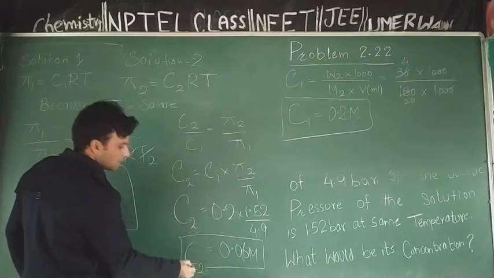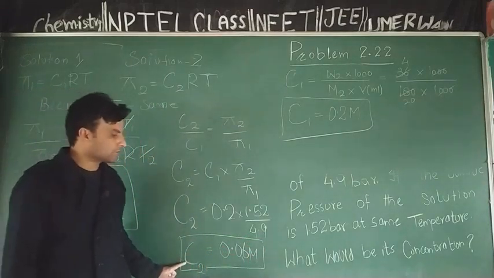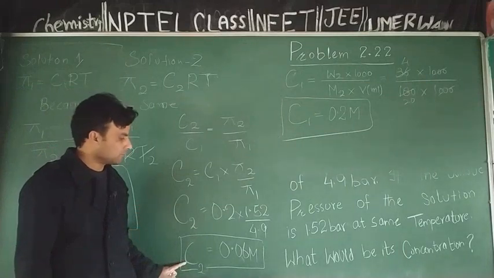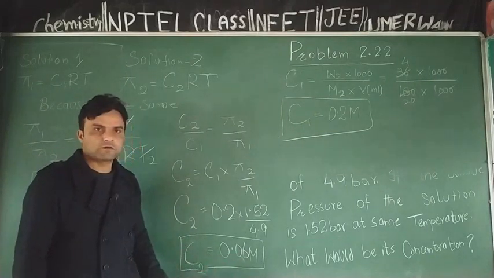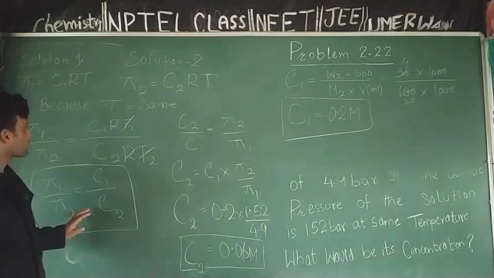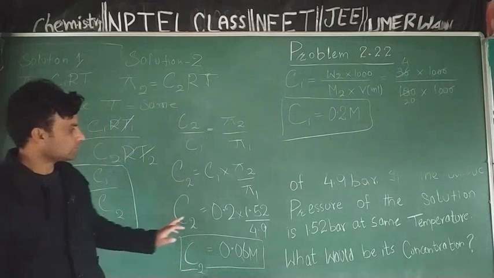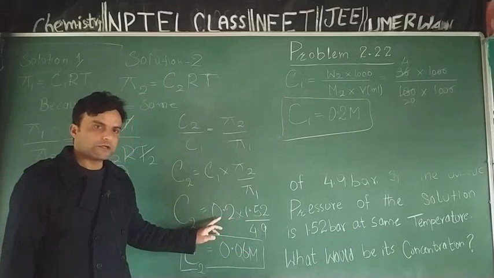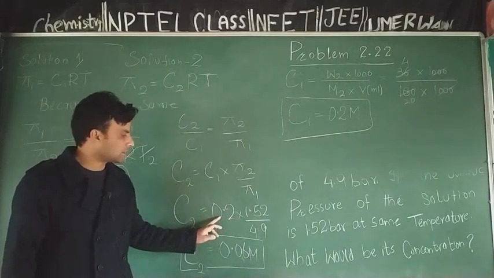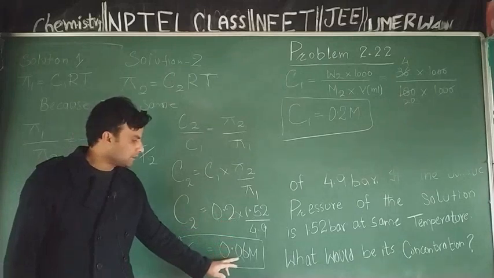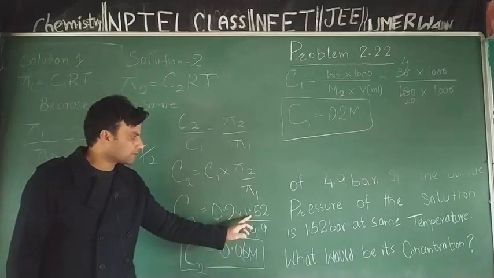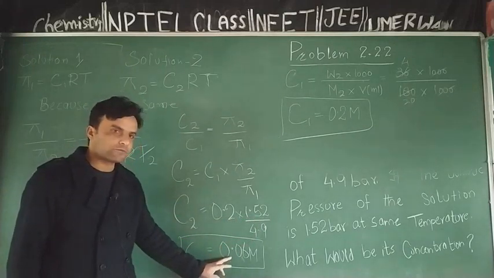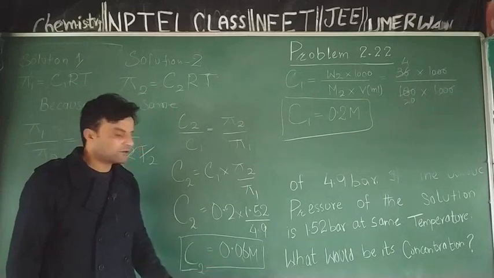C2 is the concentration of solution of glucose when its osmotic pressure is reduced to 1.52 bar, which is 0.06 molar. In first case, when osmotic pressure is 4.9 bar, molarity of glucose solution was 0.2. Now when osmotic pressure is reduced to 1.52 bar, molarity of solution of glucose is also reduced to 0.06.